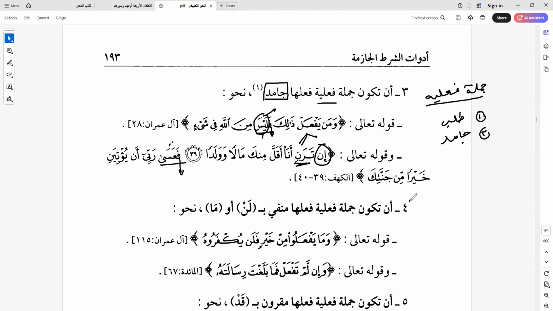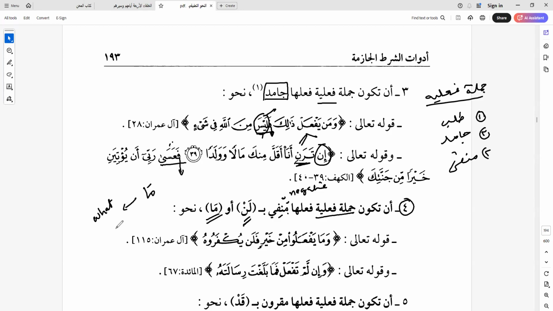So let's look at point number 3. أن تكون جملة فعلية فعلها منفي. It must be negative. So it must be jumla fi'liya, but it must be what? Manfi. Negative. With lan or ma. Right? Remember, ma can be what?